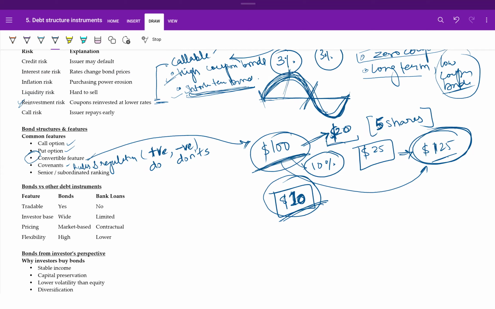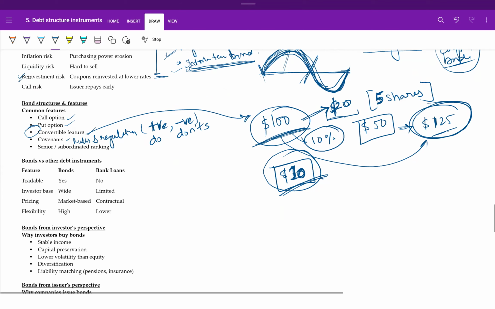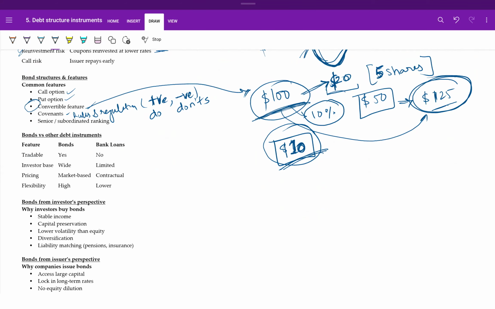Or better, if the stock price moves to $50, then you will have way too much spread, way too much profit. You will book the profit and move out of this position and find something better, if you have a better use of this money. If there is $50 worth of stocks, it's somewhat around double.